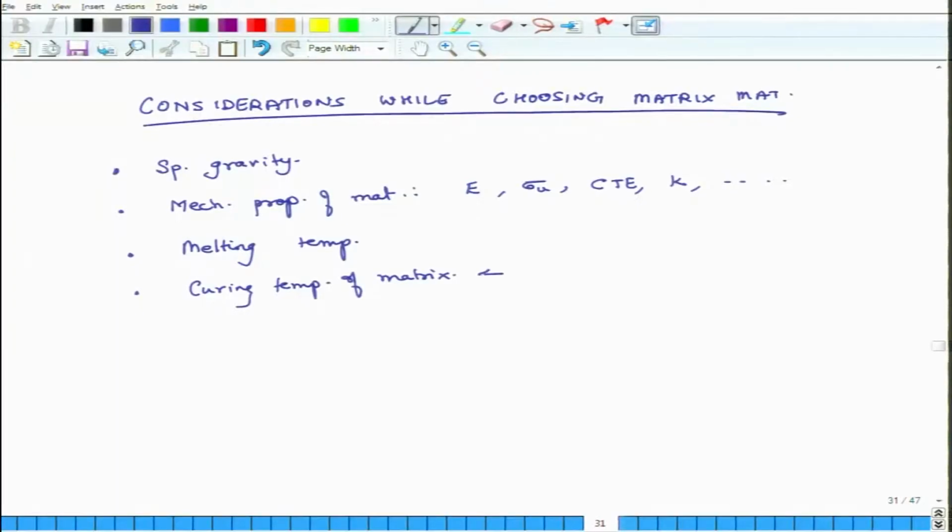So, curing temperature has a strong relationship with the thermal stresses which are locked in the composite and also in the matrix material. So, that is why this is important.